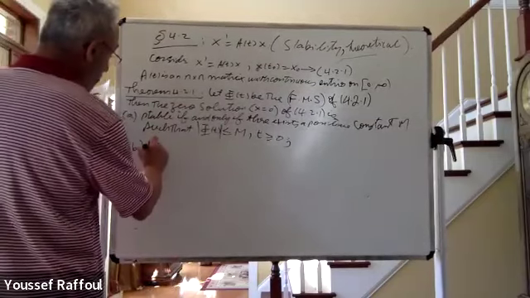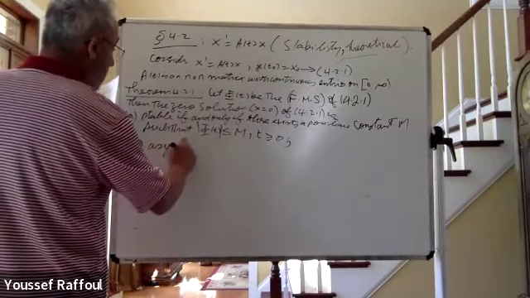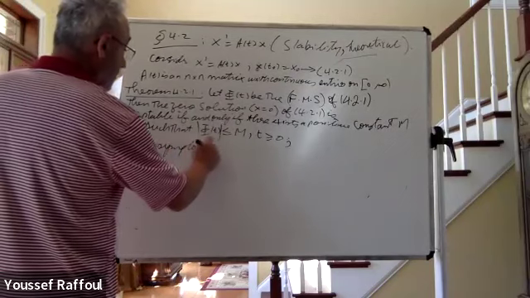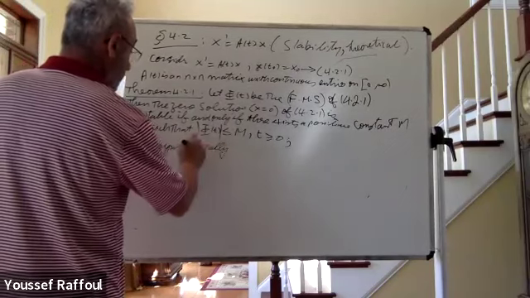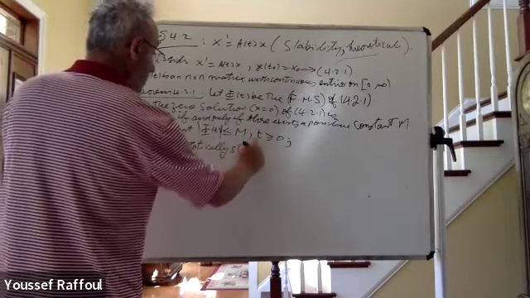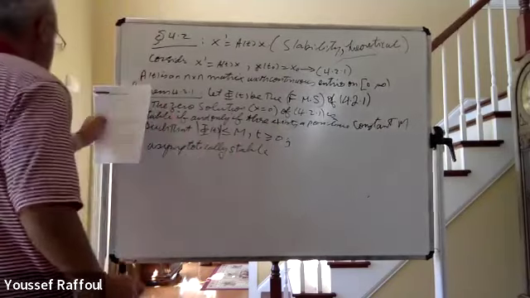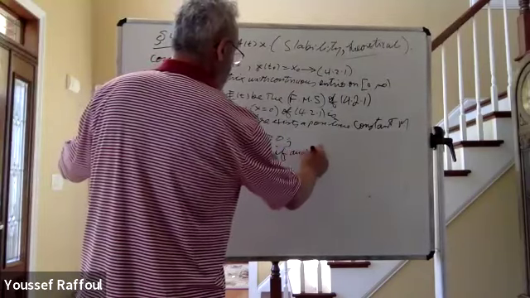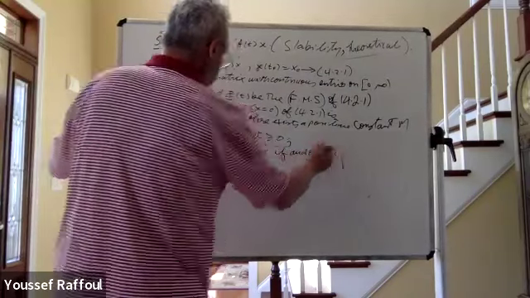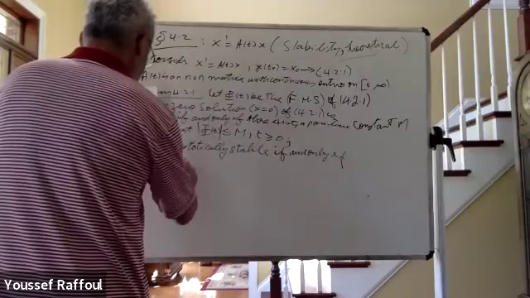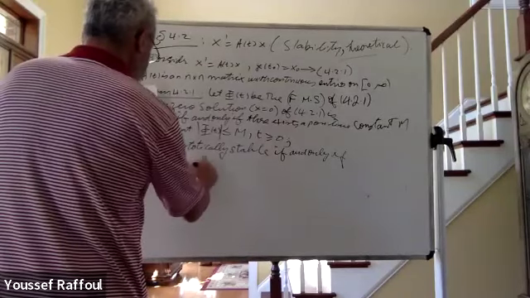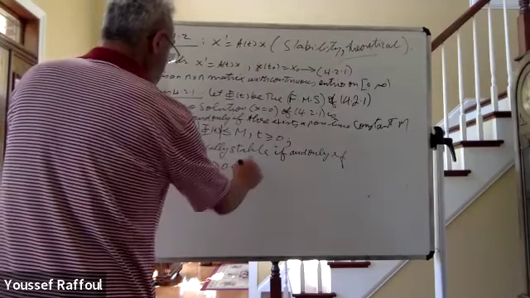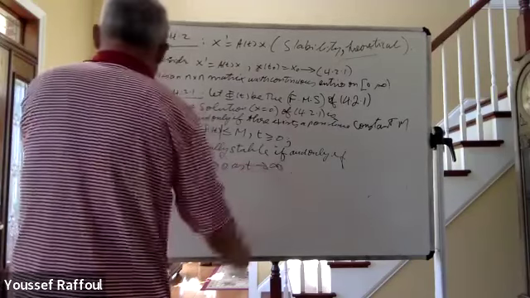It will be asymptotically stable if and only if phi(t) goes to 0 as t goes to infinity.